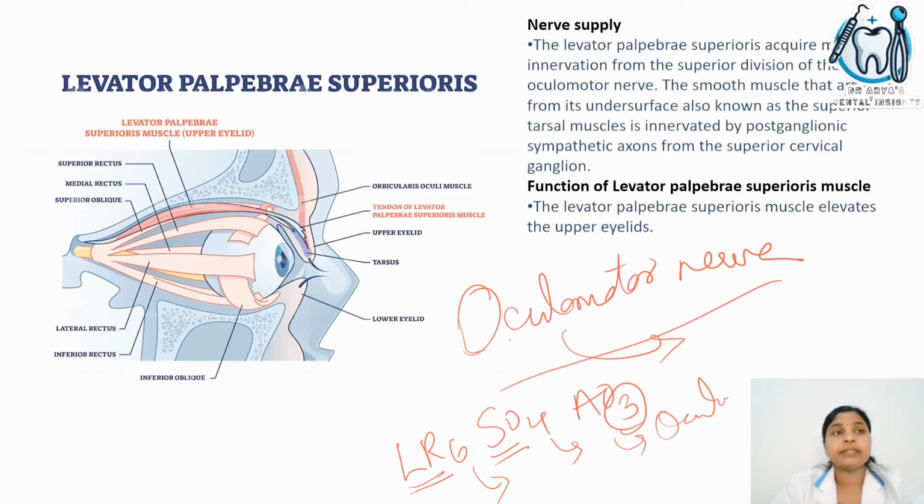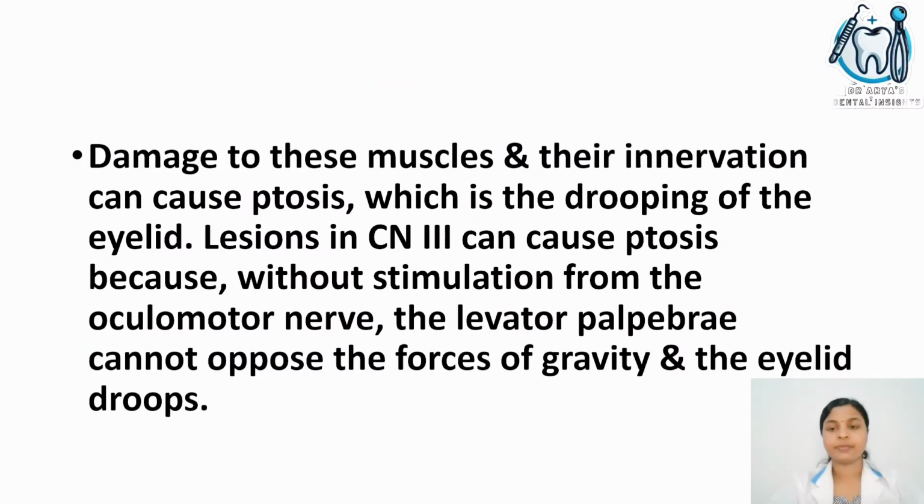It elevates the upper eyelids. So, damage to these muscles, that is levator palpebrae superioris, and their innervation can cause ptosis, which is the drooping of the eyelid.